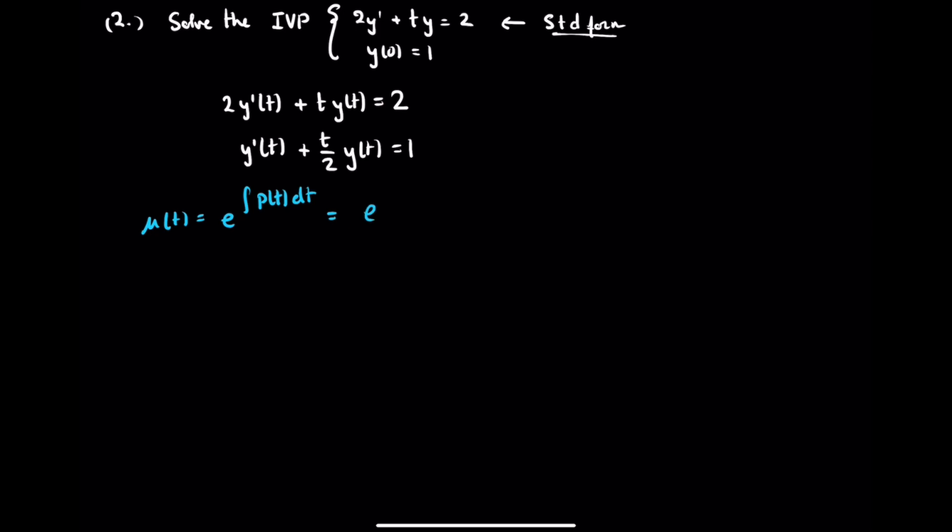So then this is e to the integral of t over 2 dt, and this just means it is e to the power of t squared over 4, right? Because when you take the integral, that's what you end up getting, and that's not very pretty because you can't exactly simplify this.